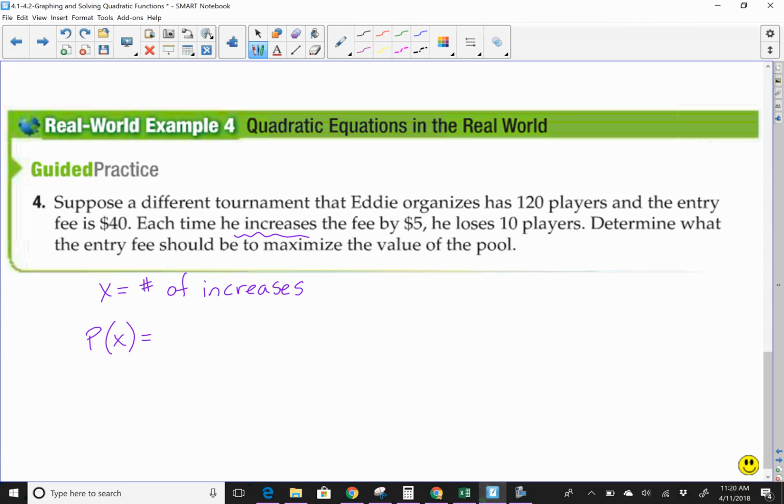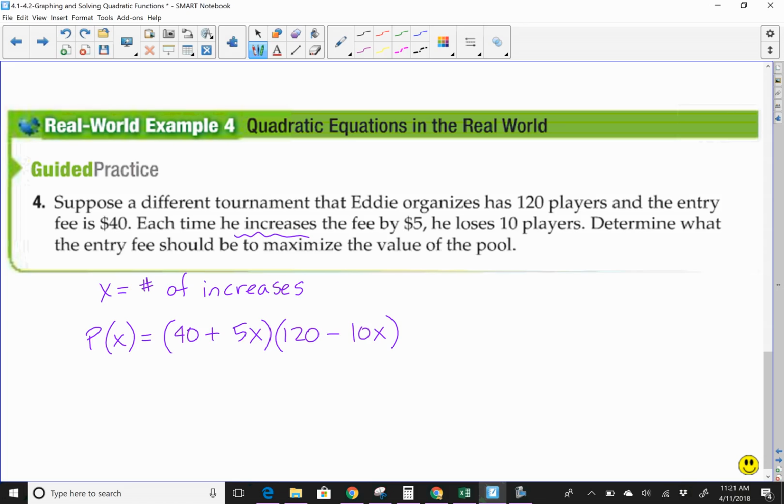So how much money he's going to get is, of course, 120 times 40. However, if the entry fee is 40 and he increases it, each increase is worth $5 to him. He has 120 players, but he loses 10 players for each increase. So this is what you have to start with. That's the money. And if I increase it, my money is going to increase, but I'm going to lose the number of players. Okay.